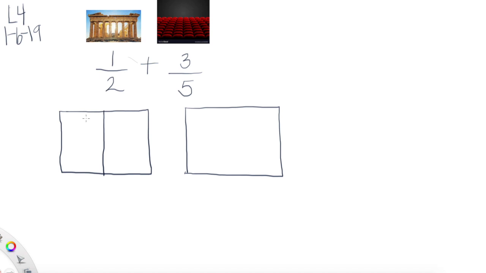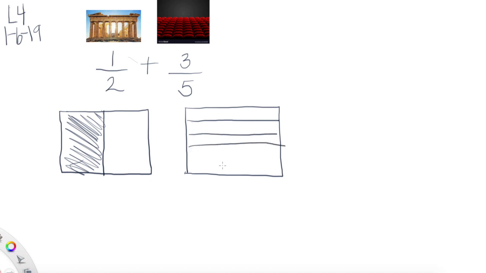So I'm going to break this rectangle into 2 because that is the denominator, and I'm going to shade in 1 out of 2 because 1 is the numerator. And recognize that those are columns. And now for our second fraction, I'm going to cut this baby into 5 rows because the denominator here is 5. 1, 2, 3, 4, 5.